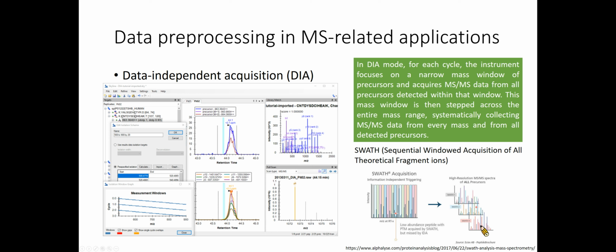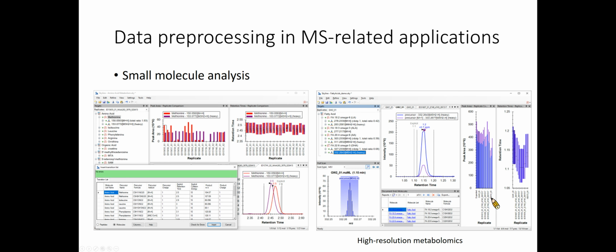SWATH is widely used in proteomics and has been applied to a variety of applications, including biomarker discovery, drug target identification, and clinical diagnosis. In addition, Skyline can also be used in small molecule analysis and high-resolution metabolomics.